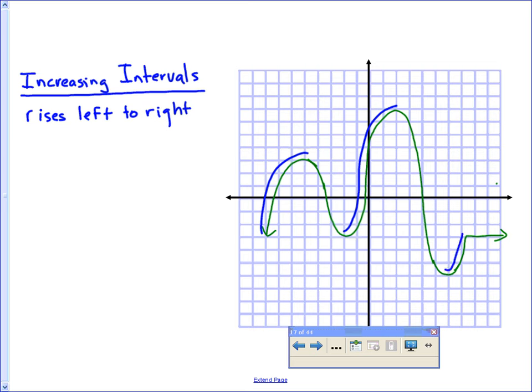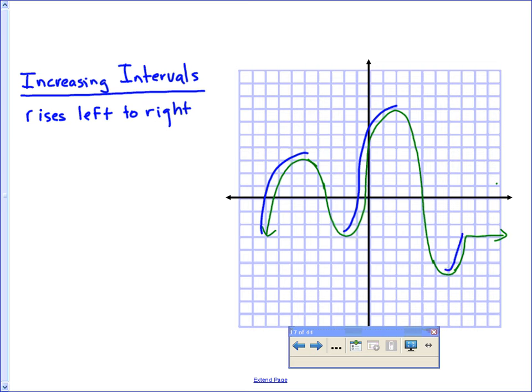And then the last one would be from here to here, and it looks like we have x values of 6 up to 8. So from 6 to 8. Okay, and those are our intervals for which the function is increasing.